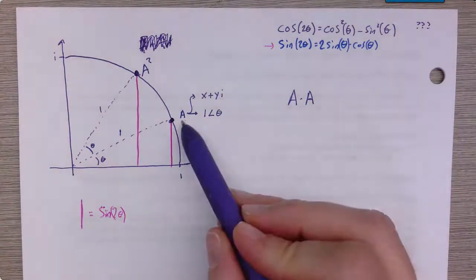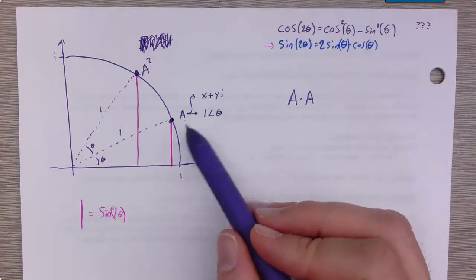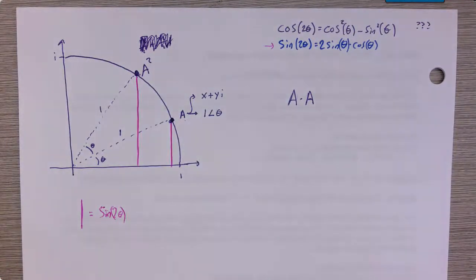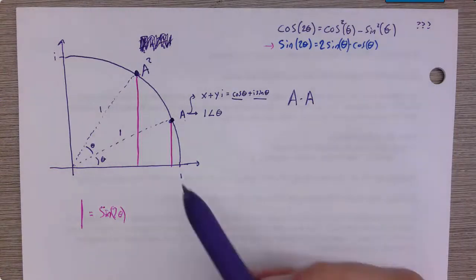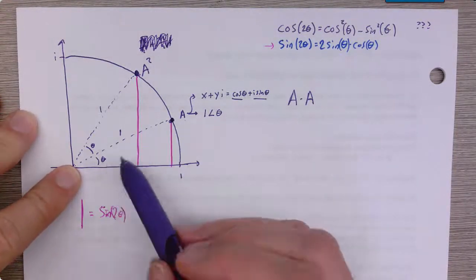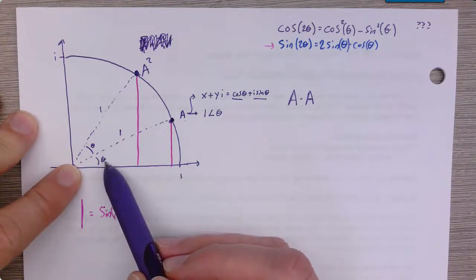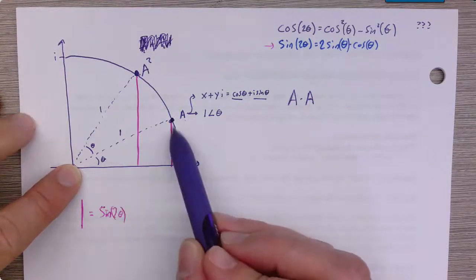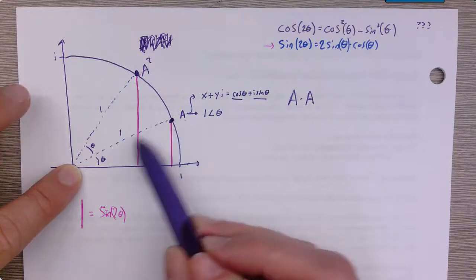So let's write down A using rectangular coordinates, and then let's actually square it. If I'm looking at the point A here, because the angle's theta, the sine of theta would be the length of this line divided by 1.